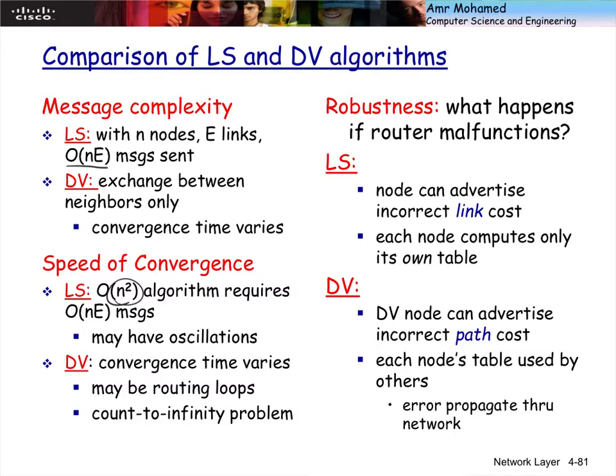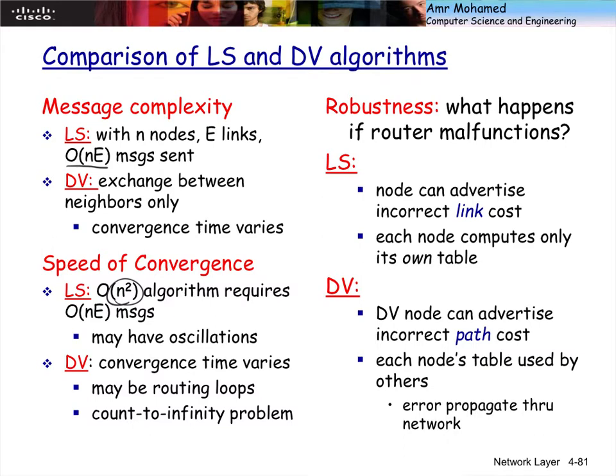Okay, so for any iterative algorithm, it's always very hard to calculate its complexity, especially in a decentralized way, because we don't know exactly when we will reach the steady state. So that's why again for distance vector routing protocols we don't know the complexity exactly, but we know that the complexity per iteration is pretty small.